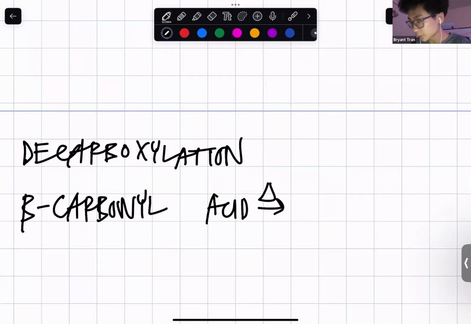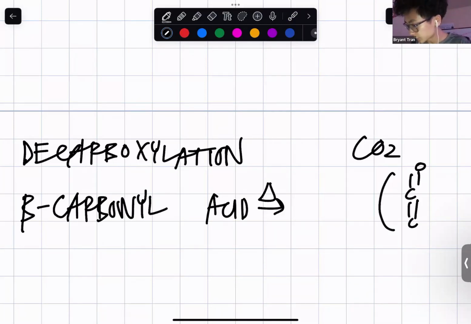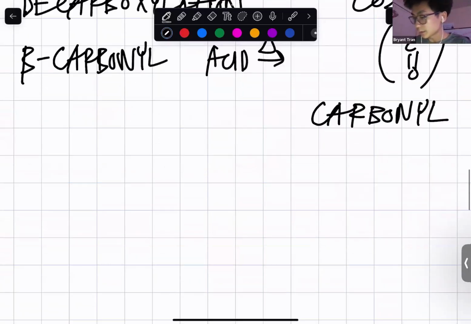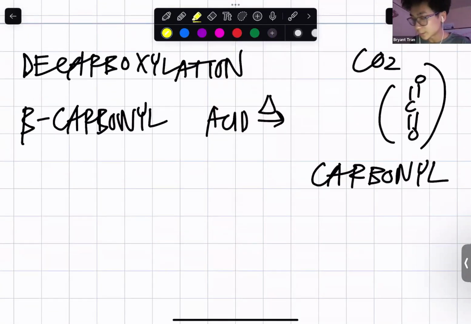What that's going to give you is carbon dioxide, CO2, which looks like this in the Lewis structure: a carbon with 2 carbonyls. The other carbonyl, whatever it is, could be a ketone or it could be an acid. And it has to be beta, the relationship between the carboxylic acid and the carbonyl.